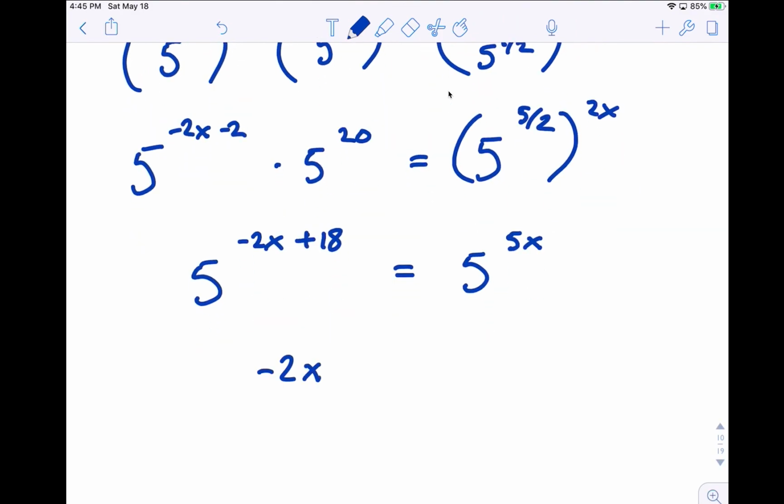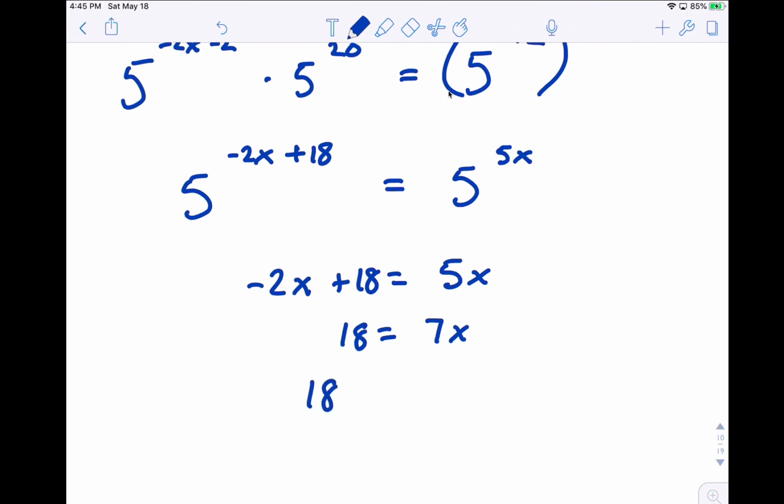So that's negative 2x plus 18 equals 5x. So that's 18 equals 7x. So 18 over 7 is your answer.